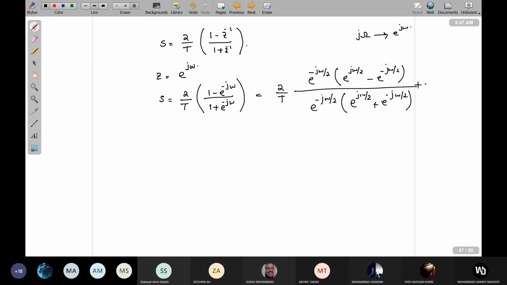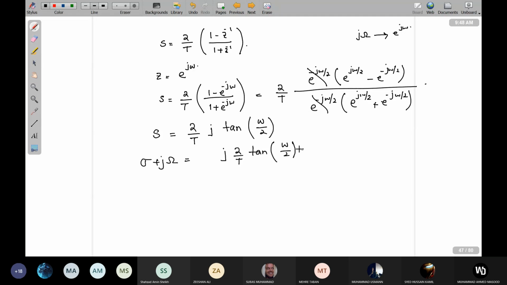And as a result of all these, this will be cancelled out, and as a result you will be getting S is equal to 2 over T j tangent omega by 2, and we know that S is equal to sigma plus j omega, and that is equal to j 2 over T tangent omega by 2, and as a result of this comparison we end up with omega is equal to 2 by T tangent omega by 2.